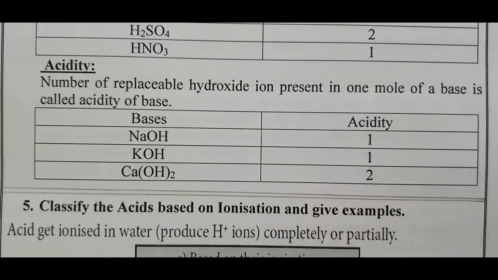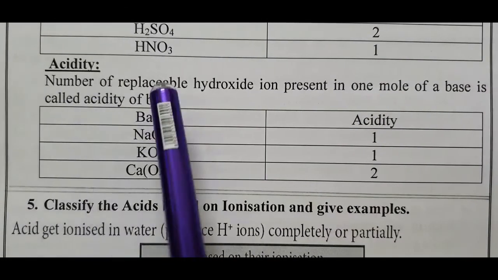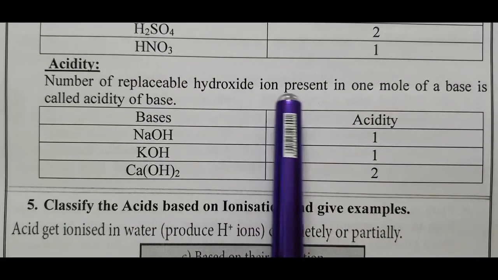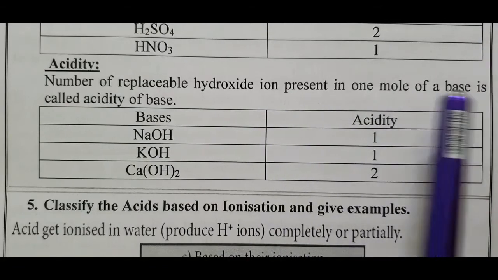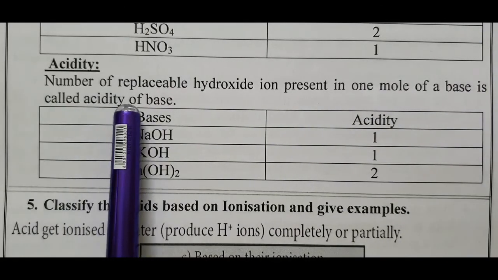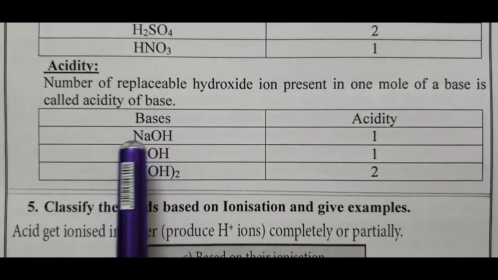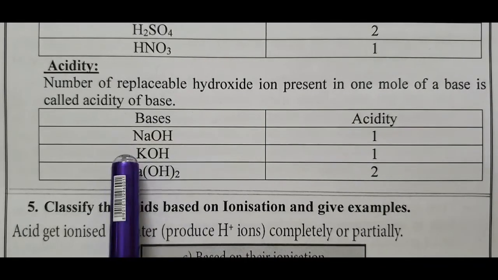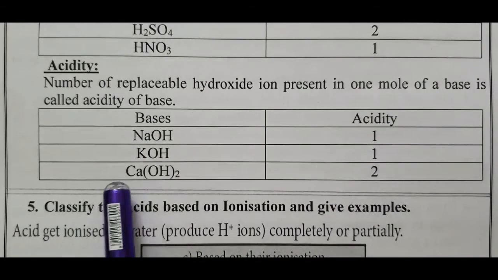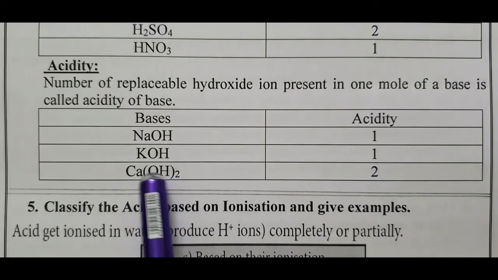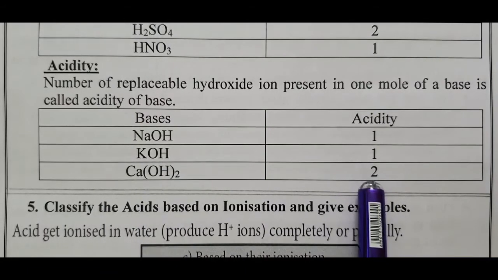Come to the acidity. The number of replaceable hydroxide ions present in 1 mole of a base is called the acidity of the base. Sodium hydroxide, acidity 1; potassium hydroxide, acidity 1; and calcium hydroxide has 2 replaceable OH- ions, therefore the acidity is 2.